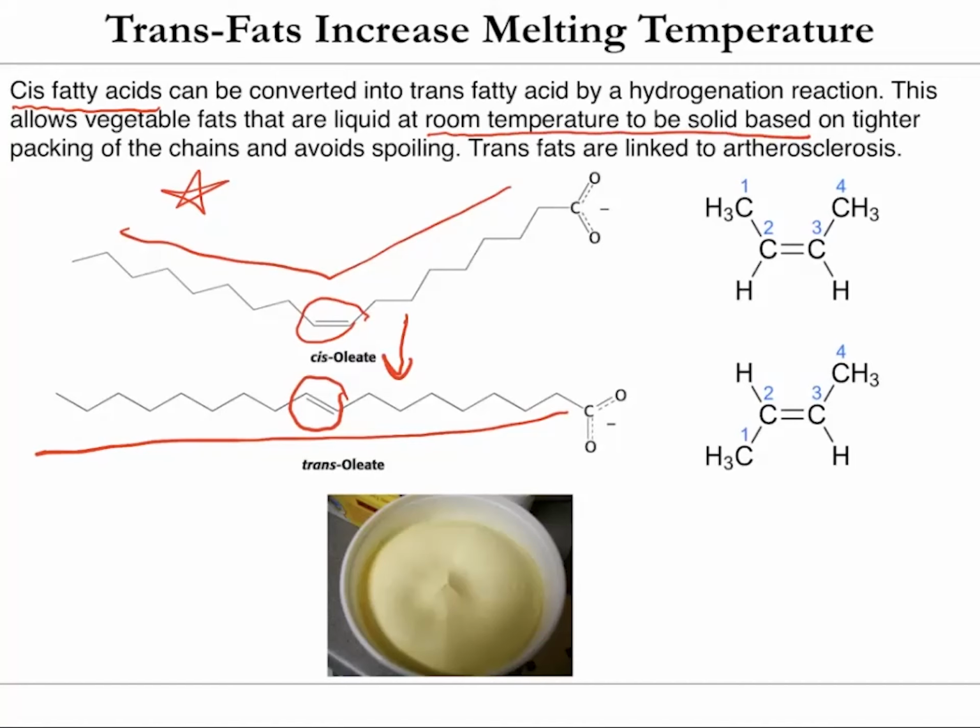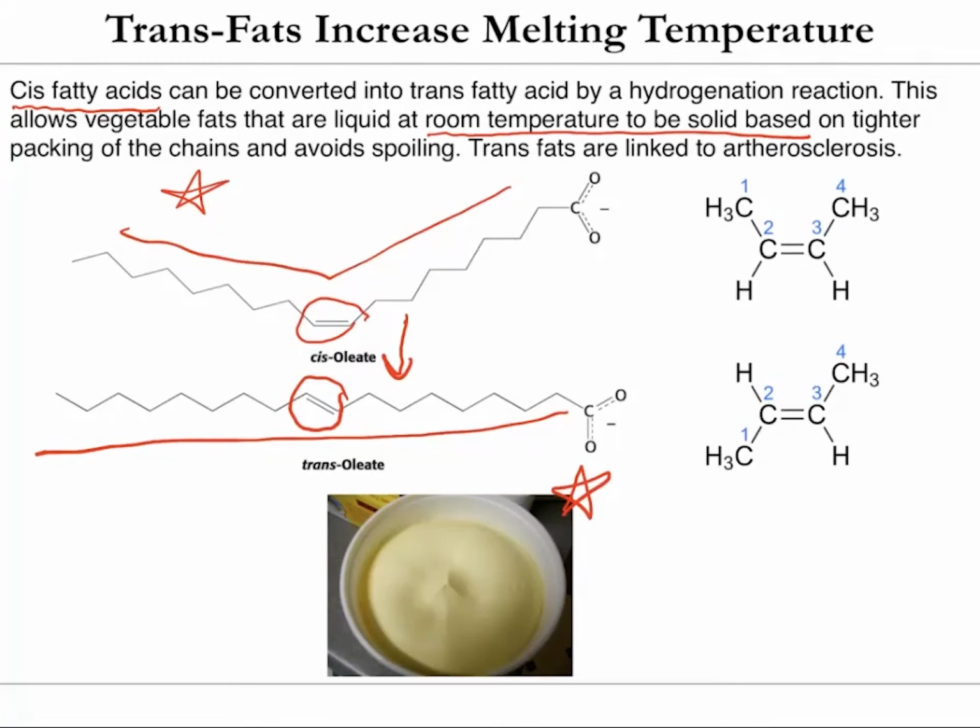That's really useful if you're trying to make something like margarine, which is shown right here. You're trying to make something with the consistency of butter, which is an animal fat with a lot of saturated fats, from something like olive oil, sunflower oil, or corn oil.